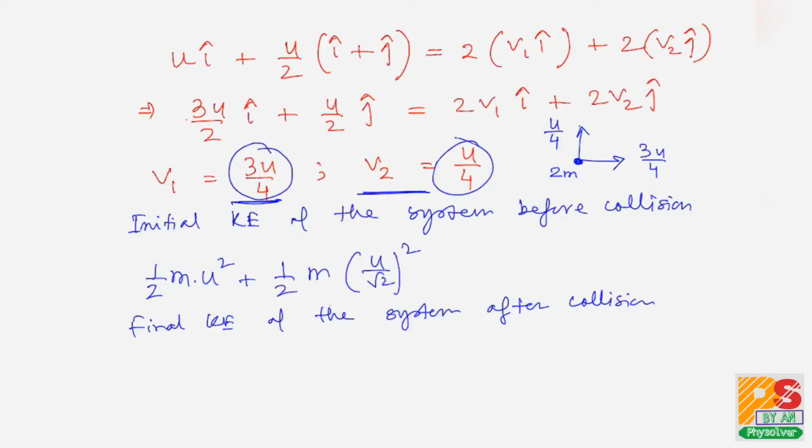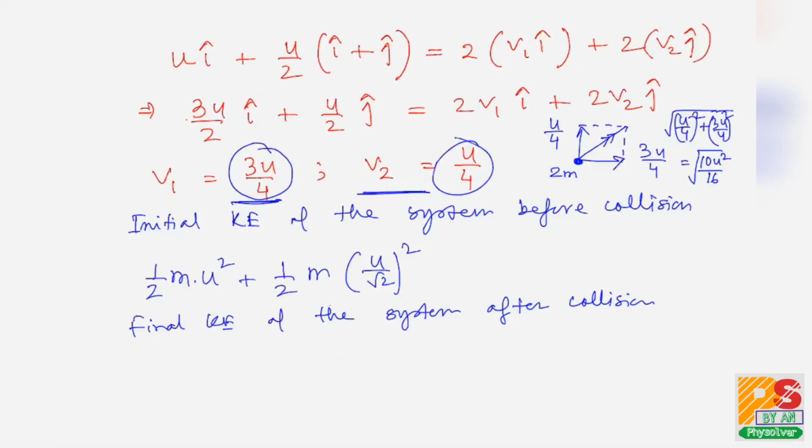Therefore the resultant velocity magnitude is root over of (u by 4) square plus (3u by 4) square, which is root over of 10u square by 16, right student?